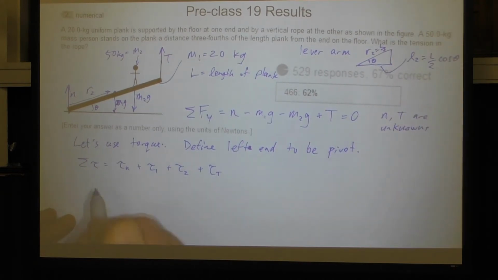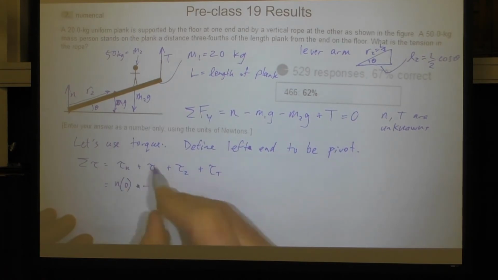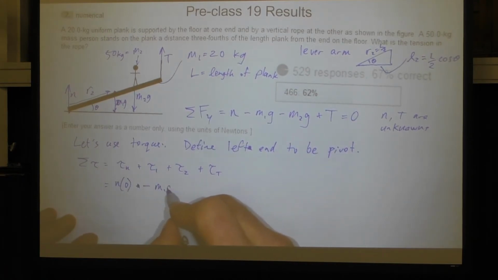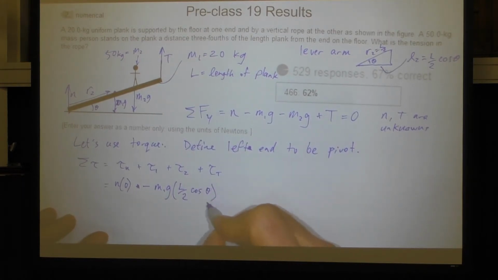Now, the cosine thetas aren't going to matter, but basically I've got the normal force times 0, because the lever arm is 0, and then this is going to be clockwise, so actually I have to subtract it, of the M1G times that lever arm, L over 2 cosine theta.